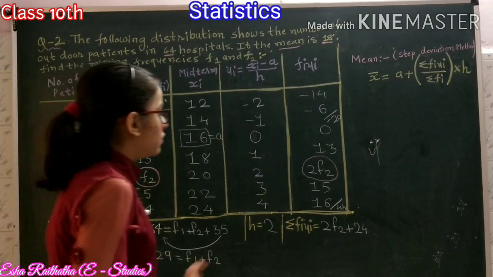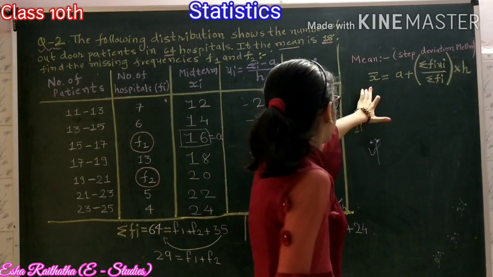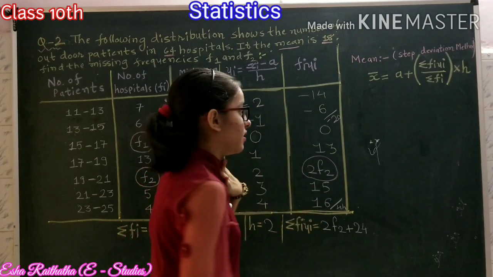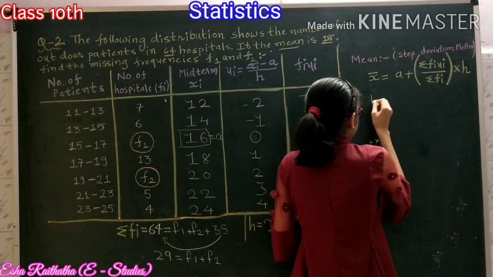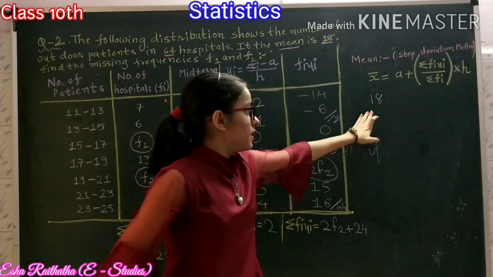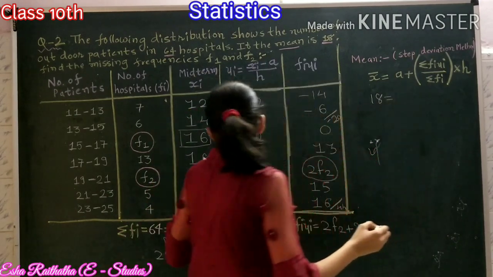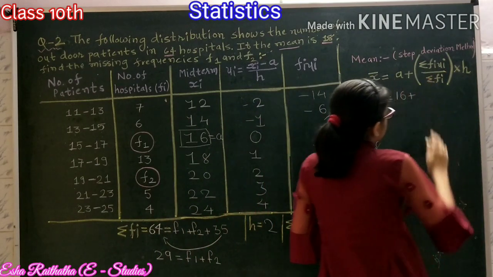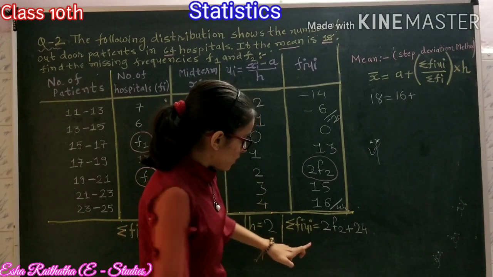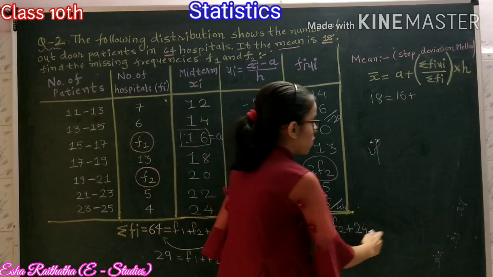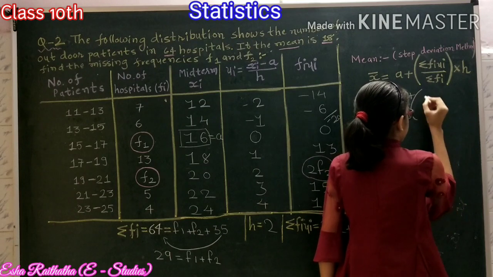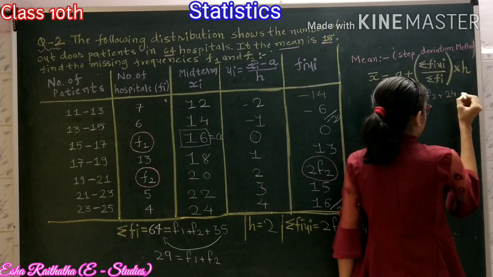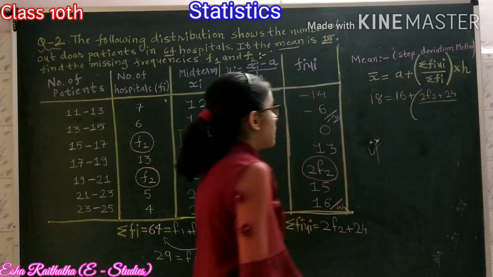Now let's turn to the formula. Here we have been given the mean, x bar, as 18. So 18 is equal to A, which is 16, plus sigma Fi Ui, which is 2F2 plus 24, in brackets, upon sigma Fi.